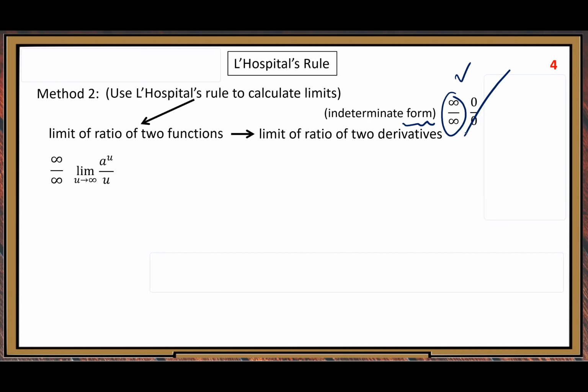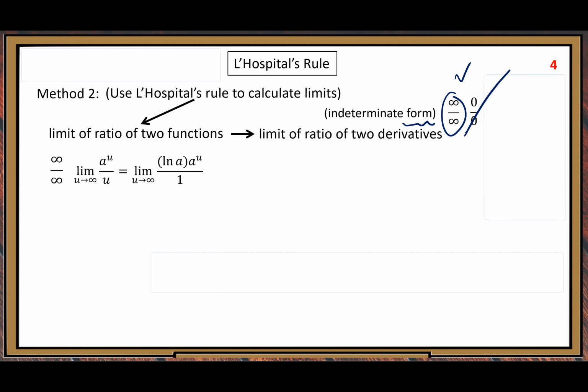You need to take the derivative of the numerator and the derivative of the denominator. Here, the derivative of a to the u, you can find it on the web, from your old calculus textbook, whatever.